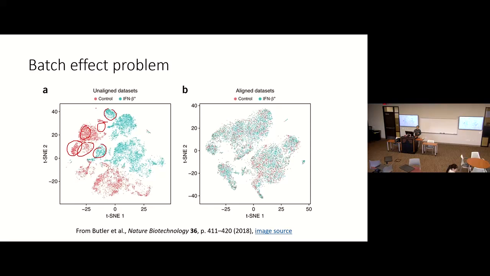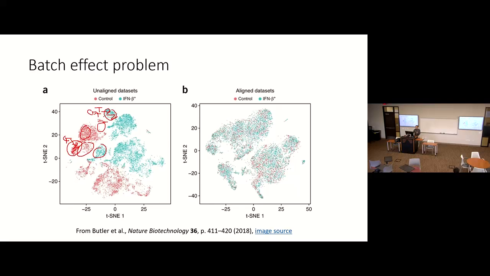If you have a CD4 T cell cluster here, and you also found a CD4 T cell cluster there, it automatically corrects the batch because you put them together by name eventually.